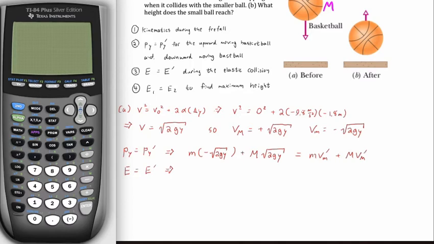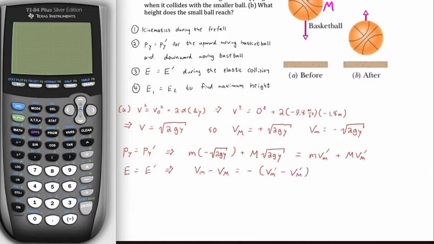It wouldn't make sense to talk about a conservation of energy for any other type of collision other than an elastic collision. But what that looks like, the conservation of energy equation, is V little m minus V big M equals negative V little m prime minus V big M prime. So that's conservation of energy.